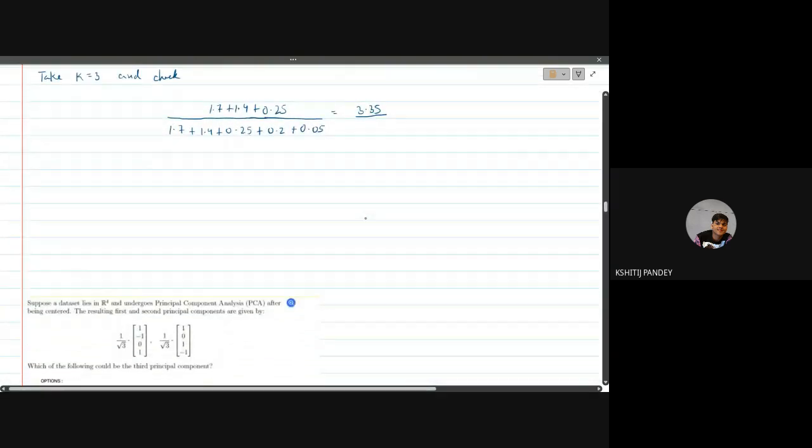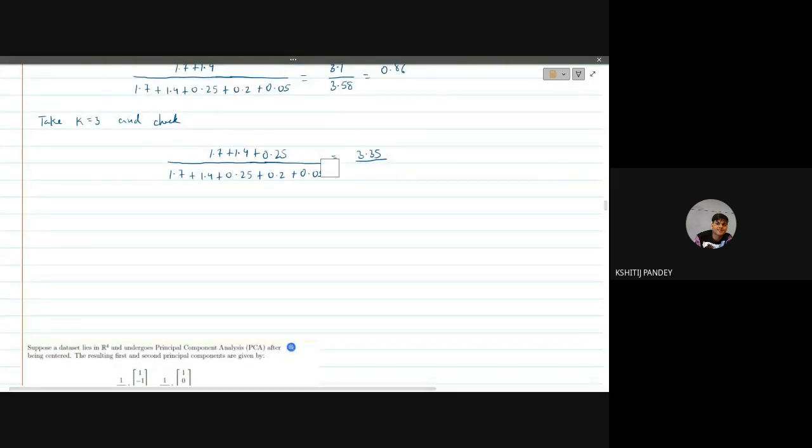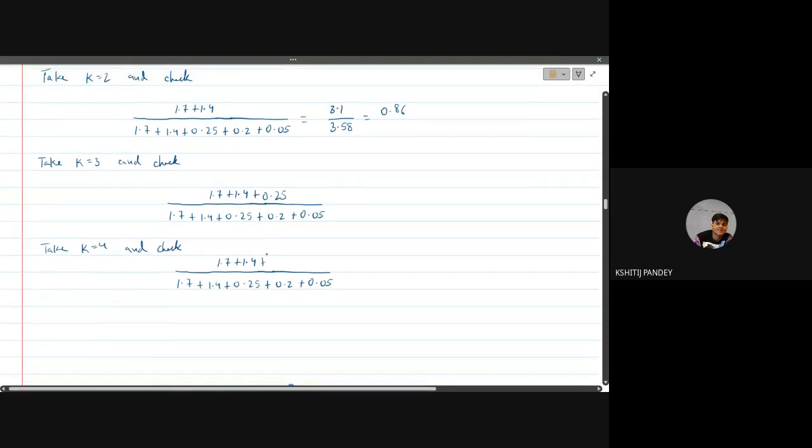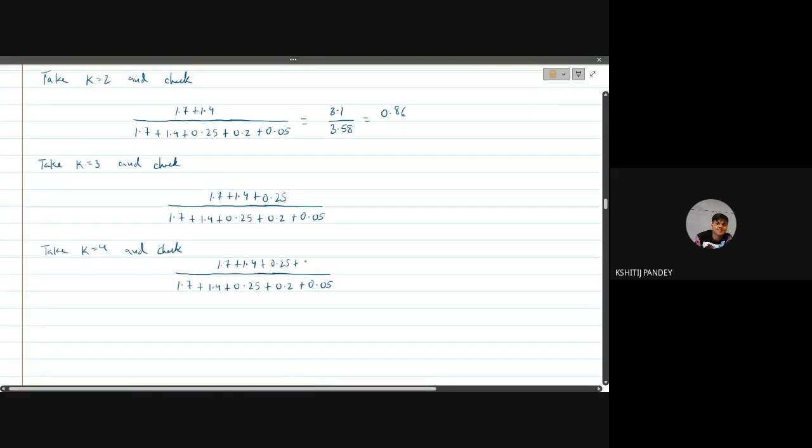So we'll take k equal to 4 and check. So again we'll add the other term, 0.2.